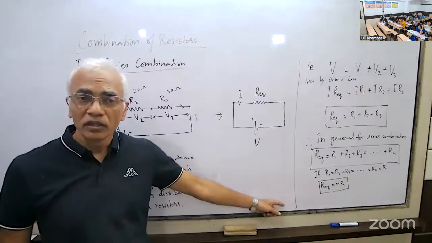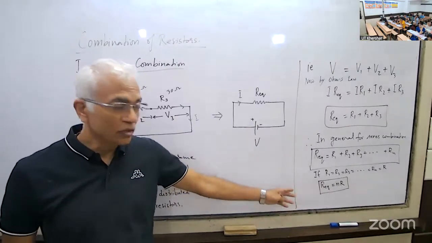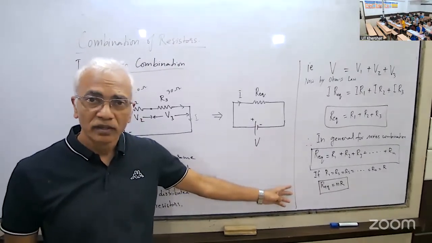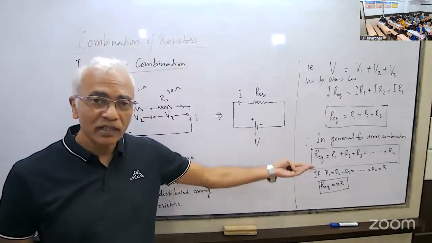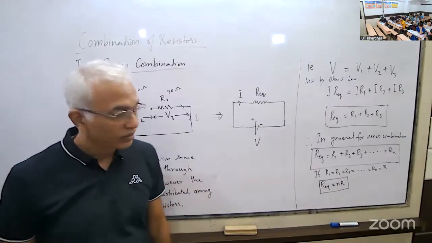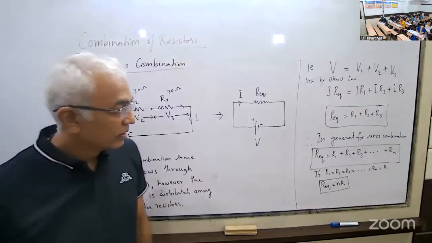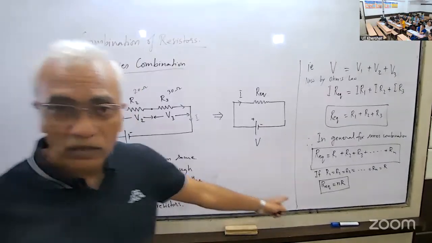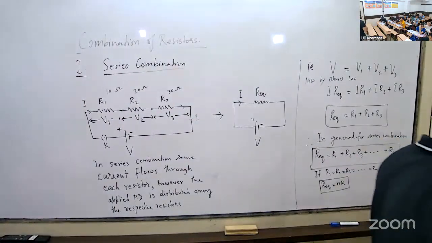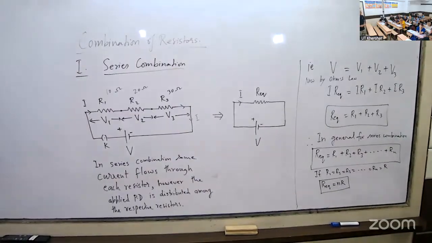Many numericals come where the values of the resistors are the same. That time it will be n times R. Okay? Is that clear? This is all about the equivalent resistance of a series combination.